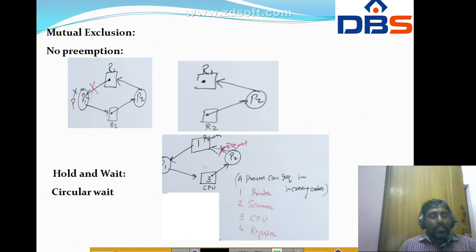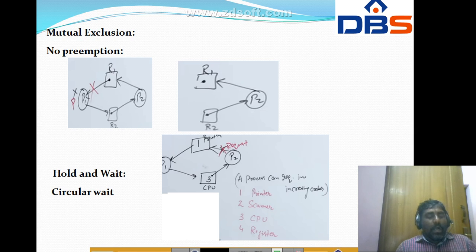If the process P1 is preempted, that is, it will stop working and be sent back to the ready state, and at that time whatever it is holding, R1, will be taken back. Then remove P1 because it is preempted.